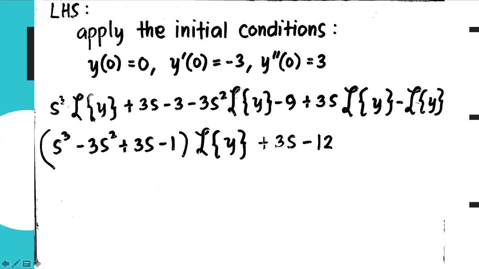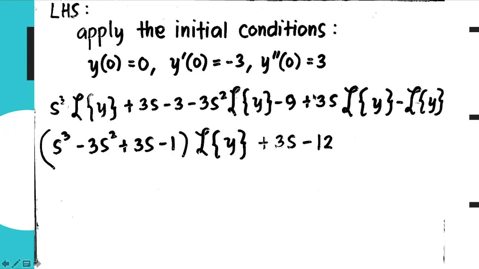And of course, we can see that we have Laplace of y, Laplace of y, Laplace of y, and Laplace of y here. So what we will do is we factor out Laplace of y, and of course, we have now its coefficient being s cubed minus 3s squared. Ito yun.